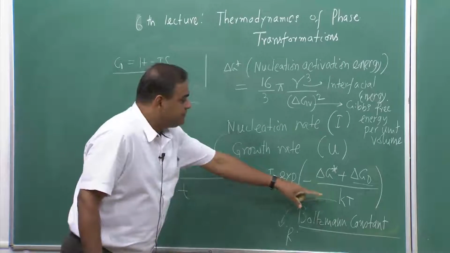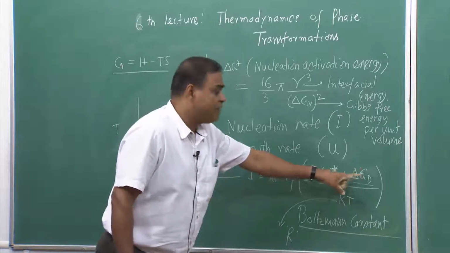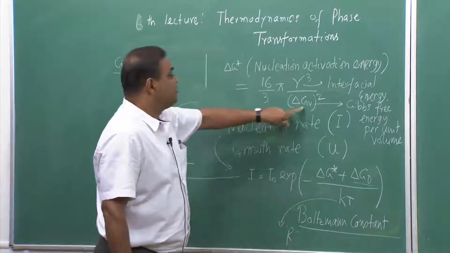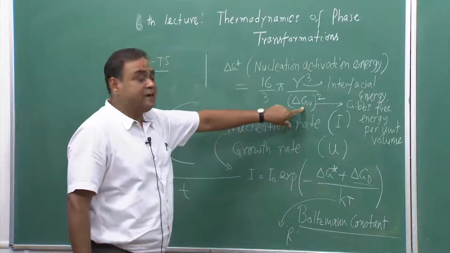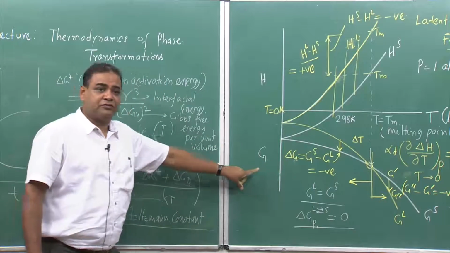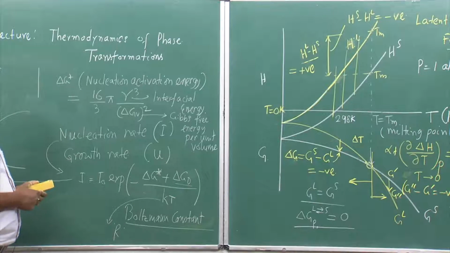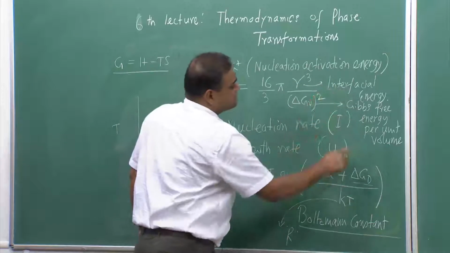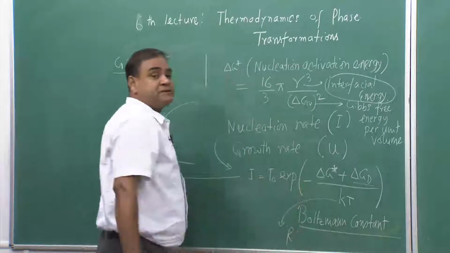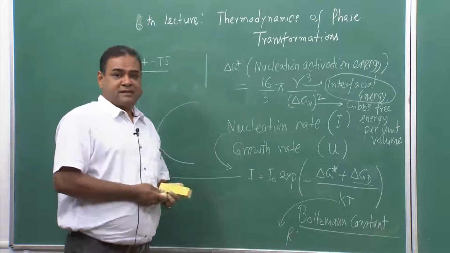So, that is basically decided by del G star as well as del G D. We have ways to find out del G D, but when we try to find out del G star, we need to know what is del G V. That means, I need to find out the driving force for the transformation, which is negative. And this particular term, which is interfacial free energy, or interfacial energy, is another important term. We will try to see what it exactly means.